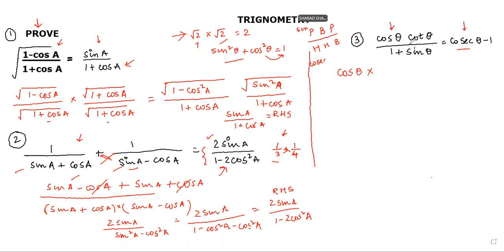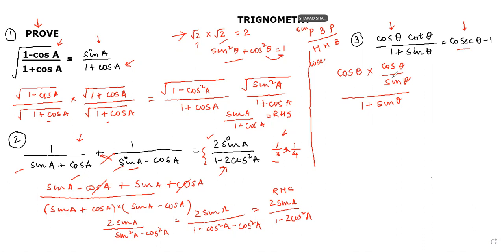If you remember, cot theta is nothing but cos theta upon sine theta. And the denominator I am going to keep as it is, 1 plus sine theta. This is the first step, from the left-hand side we can do on the basis of the hint given in the right-hand side. So we are all bringing to sine because cosec is the inverse of sine.